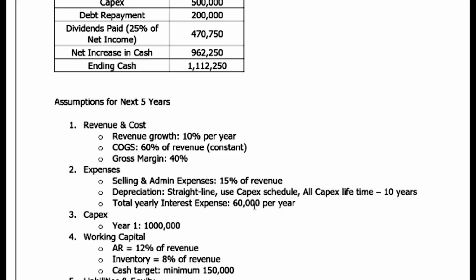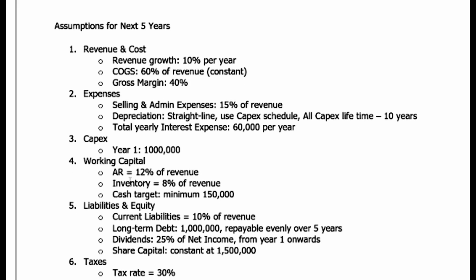Total yearly interest expense is 60,000. The capex for the year is 1 million worth of capital expenditure. Then the working capital: AR is 12% of revenue. Inventory is 88% of revenue, and the cash target minimum is 150,000.